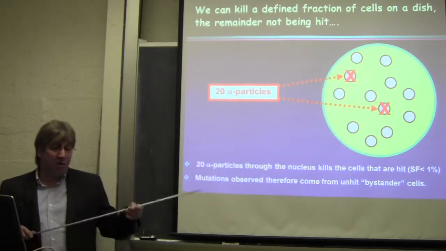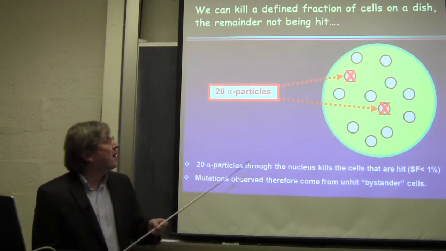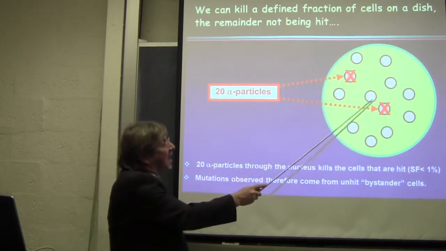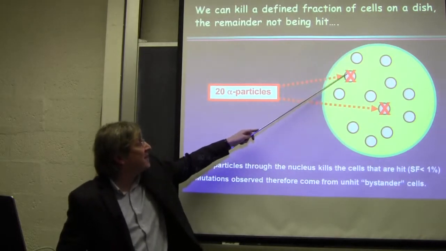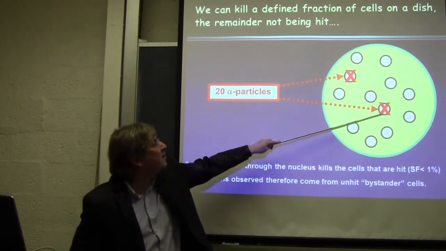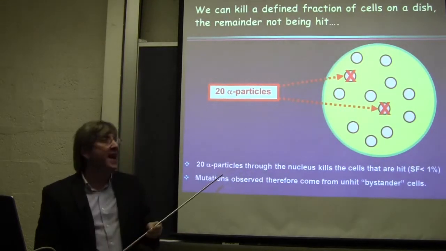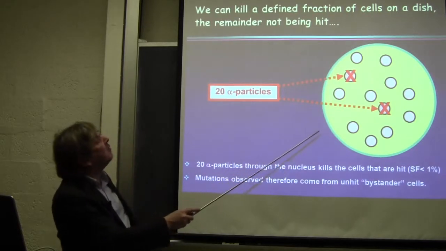Then another approach to bystander studies with the microbeam is to blast the heck out of a few cells. So let's put 20 alpha particles through this cell so we know for sure that it's dead. Let's put 20 alpha particles through this cell, we know for sure it's dead. But then we're going to look at the remaining cells.